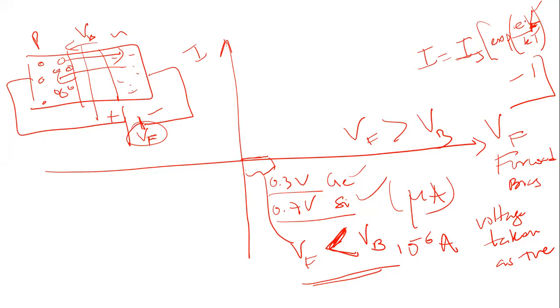So if you increase the value of this VF, current will increase exponentially under this expression. So instead of having a straight line, there will be an exponential increase of current like this, according to this equation. VF increasing means your current will increase exponentially like this.